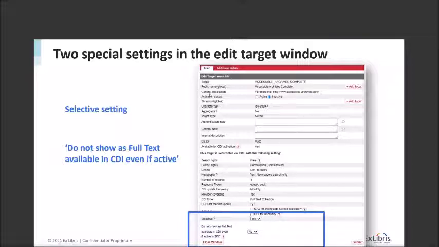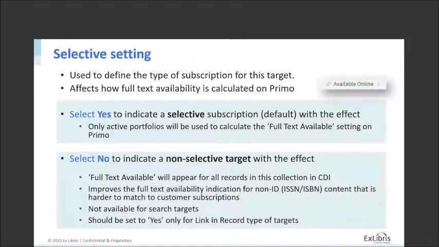I also talked about the activation status, activation for full text and activation for discovery. Now there are two special settings that I want to explain here. The first one is called Selective Settings. The setting can be set to yes or no. And the second is an option to not show something as full text available in CDI, even if it's active in SFX. So those are the two settings I wanted to explain in a little bit more detail.